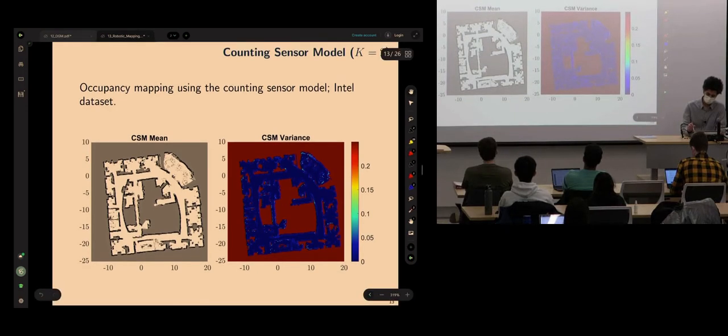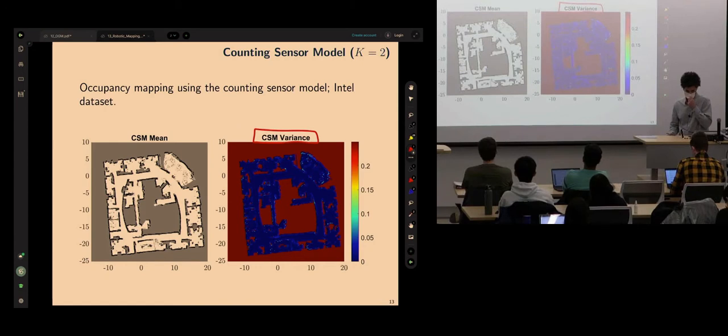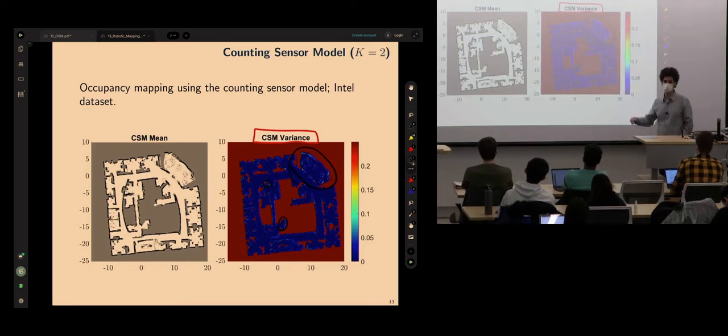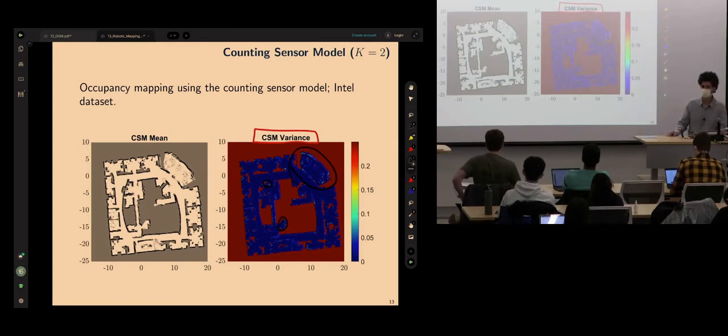So the occupancy map will give you the mean, but also the variance that you see here. The variance is relatively higher in areas that are incomplete. So if a robot wanted to explore, we would know that we should go to areas that have higher variance. That could guide your decision making.